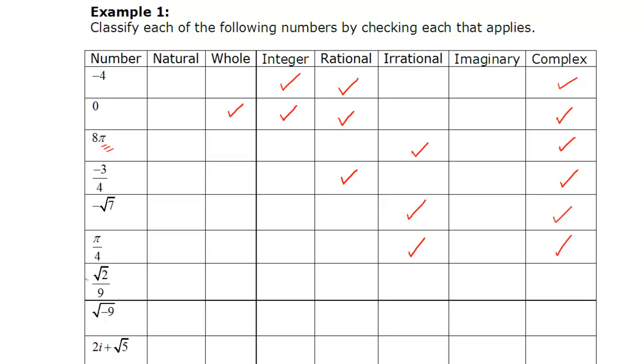Root 2, again, try it on a calculator, non-repeating, non-terminating, so irrational, complex. Yes, this is a fraction, so a lot of people make the mistake of choosing rational. But it's a fraction that has an irrational part. If any part, like this, or this, or this, is irrational, the whole number is irrational.